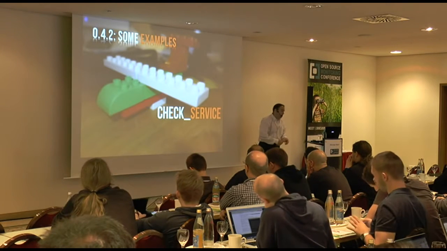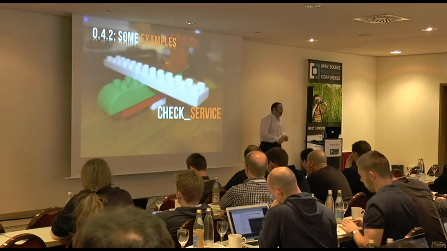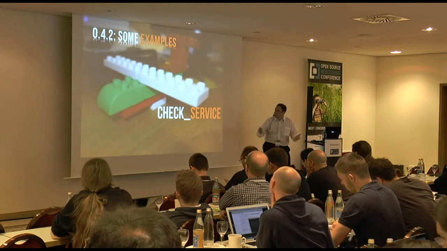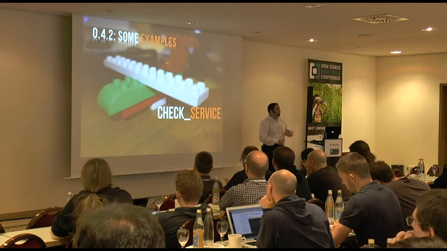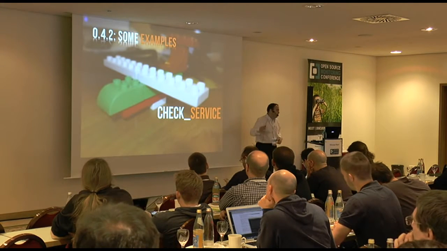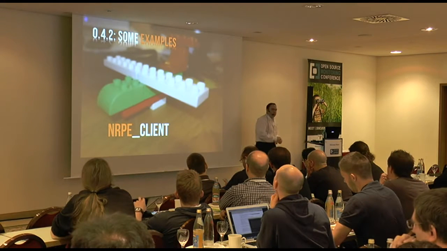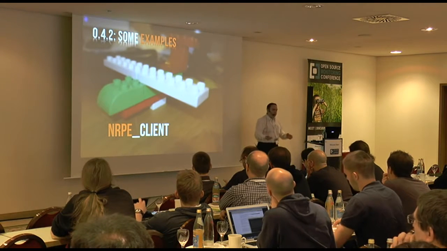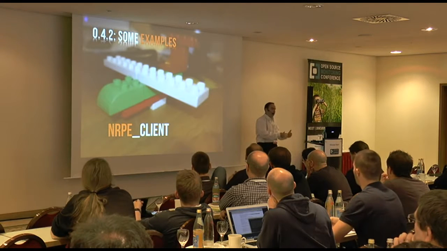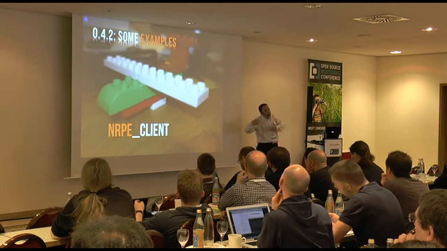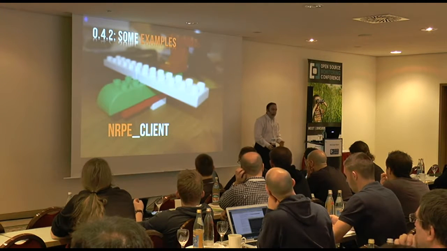Check service has been extended to support one of the most requested features, which is, of course, delayed start. And it also supports remote checking and a couple of things like that. And NRPE client should probably say check NRPE. The idea here is that the NRPE protocol in NSClient++ supports authentication and encryption and all that kind of stuff, but the regular check NRPE command doesn't.